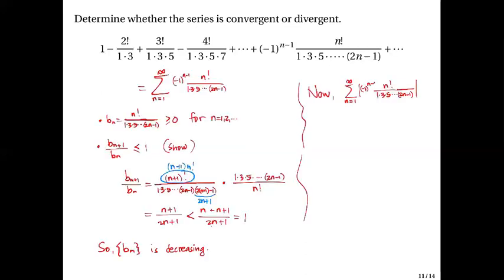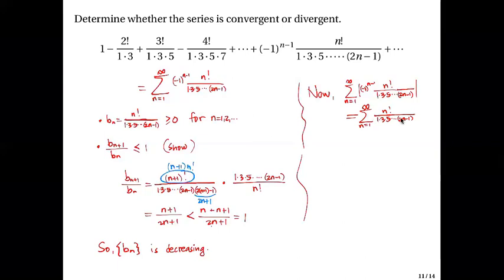And this is just this expression without the negative 1 raised to n minus 1. So this is just the sum of n factorial over 1 times 3 times 5 times 2n minus 1, from 1 up to infinity.